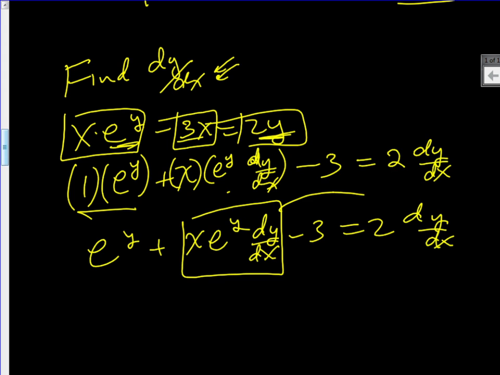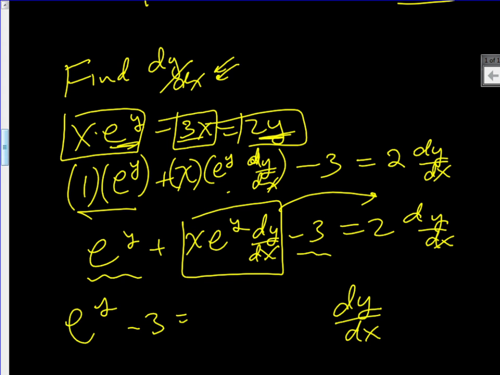I will bring this term to the other side. So the left side has this minus that, and fortunately that's all it has. So it's e to the y minus 3. Now, we know we're collecting dy/dx on the right side. So far we have 2 on the right side, and when we bring this number over, it's going to become minus. So we have 2 minus x e to the y dy/dx's.